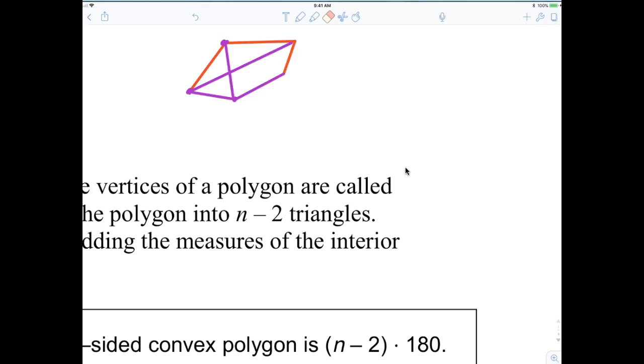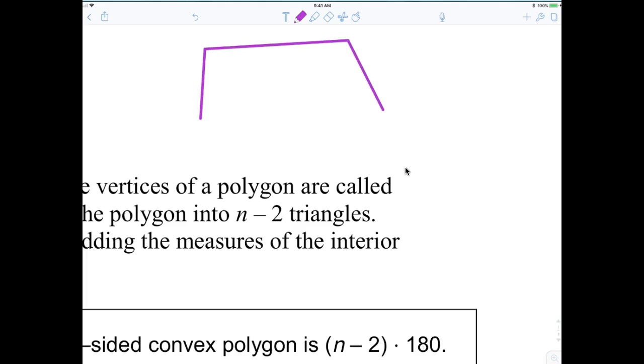To figure out how many degrees are in a polygon, it is a real simple task because we know how many degrees there are in a triangle. There are 180 degrees in a triangle. All you're doing is drawing triangles from one vertex, drawing all of the diagonals.